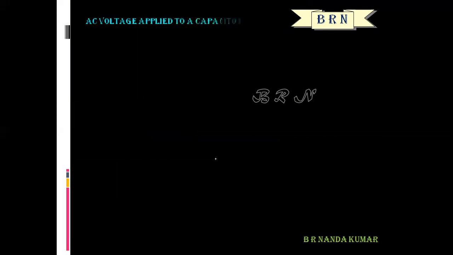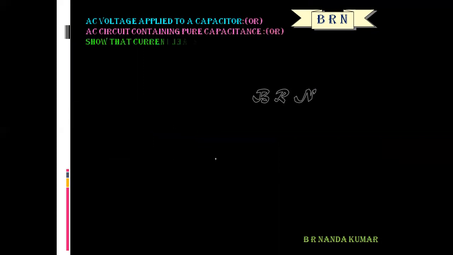In this class, we are going to discuss the next very important 5-mark derivation: the instantaneous current flowing through a purely capacitive circuit. Purely capacitive circuit means AC voltage is applied to a circuit containing only a capacitor.